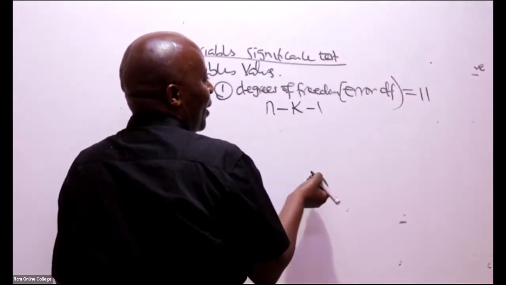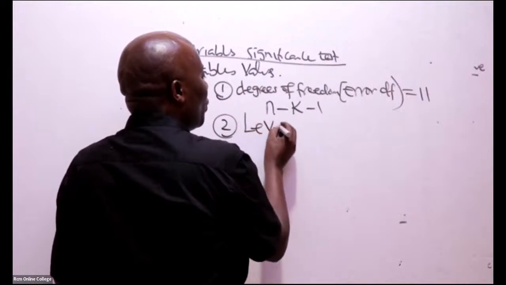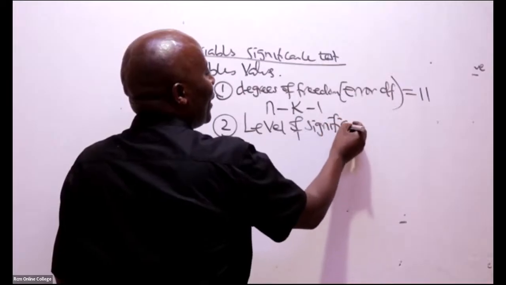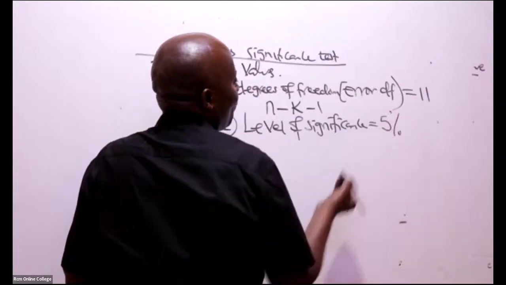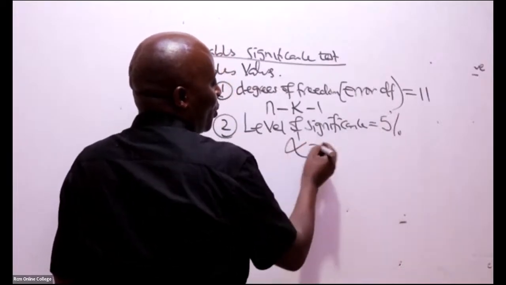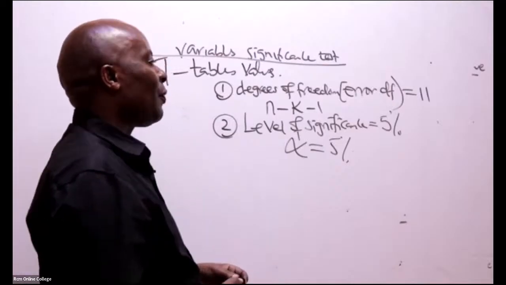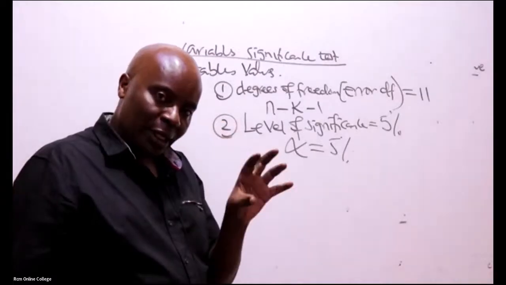Yes, 11. And then number two, I need the level of significance, which in this case is 5%. Those are the two items that I need to be able to read the T tables value.